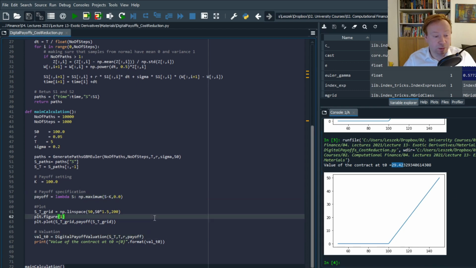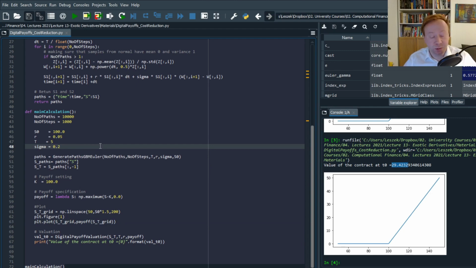Of course, we could make the x-axis nicer, but it's not necessary at this point. As the stock goes to high numbers, this will also increase linearly in the stock. So at the end, this has to be represented in this value.